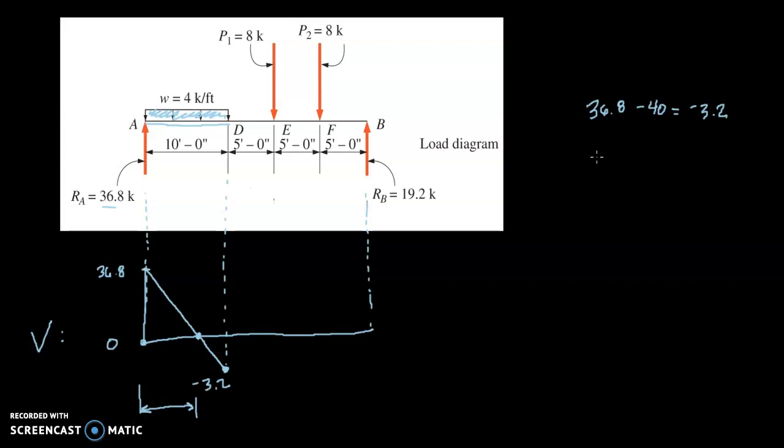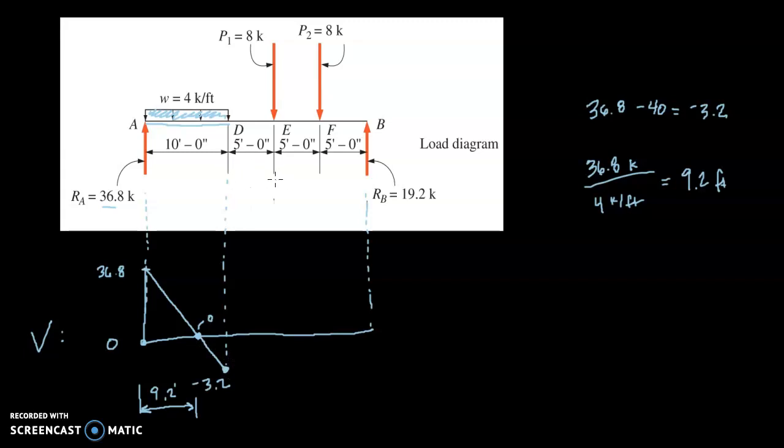So if I start off with a value of 36.8 kips, and I divide that by 4 kips per foot, that's going to be 9.2 feet. So 9.2 feet over from the left support, I'm going to hit a shear value of 0 and then continue down until I hit a value of negative 3.2.